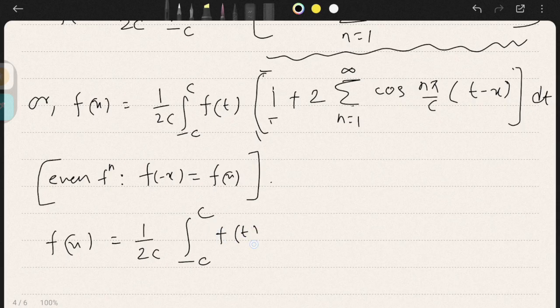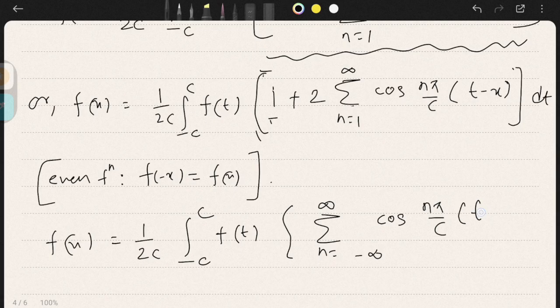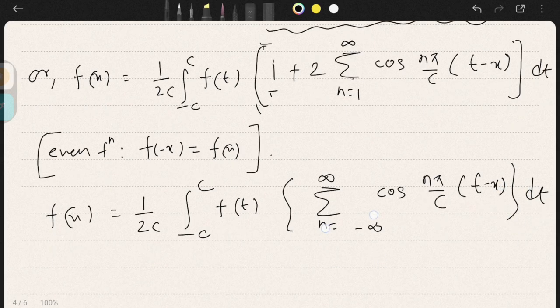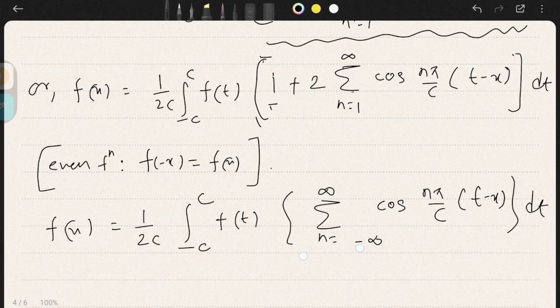Now we can write it like this: the summation from minus infinity to infinity of cos n pi by c times t minus x. So that's it, and dt.